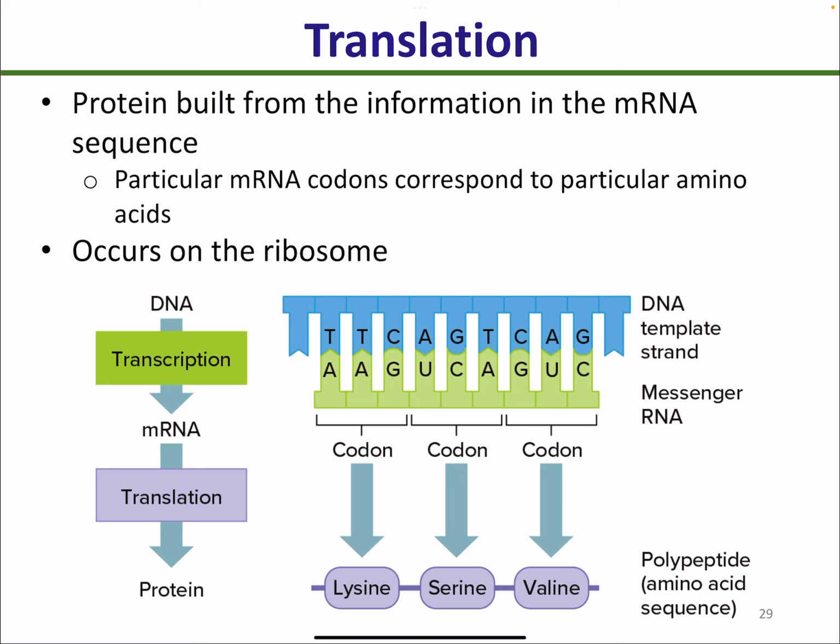Translation is basically the conversion of the nucleotide sequence in the messenger RNA into an amino acid sequence. That's translation, right? So proteins are going to be built from the information that is contained in the messenger RNA sequence. A particular codon in the messenger RNA is going to have a corresponding amino acid.